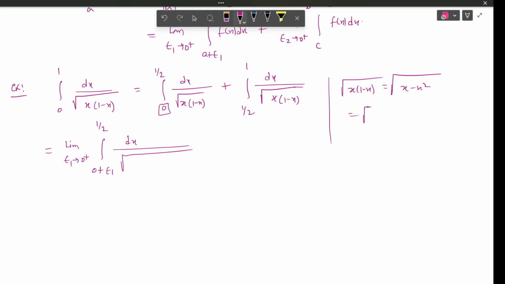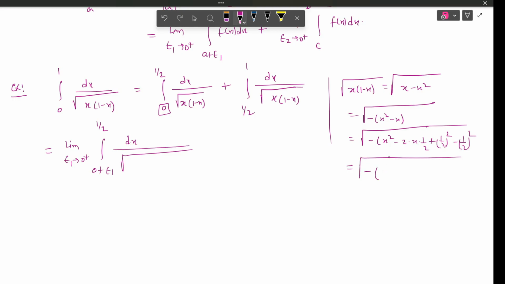First take minus common, so it will be x square minus x, then it would be x square minus, we can say that 2a is x, b we have to take half because 2 will cancel out, we will have x. So our b is half. So plus half square, we have taken this term extra, so we have to subtract this term.